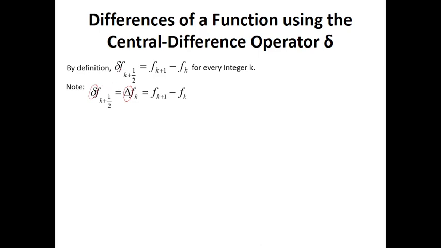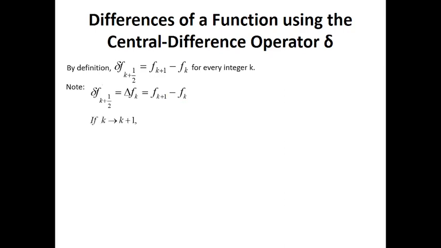When we are to express delta f sub k plus 1 half in terms of the forward difference operator, this is the notation, delta f sub k. So in that case, f sub k is subtracted from f sub k plus 1. So f sub k plus 1 minus f sub k in order to determine the first differences of the function.